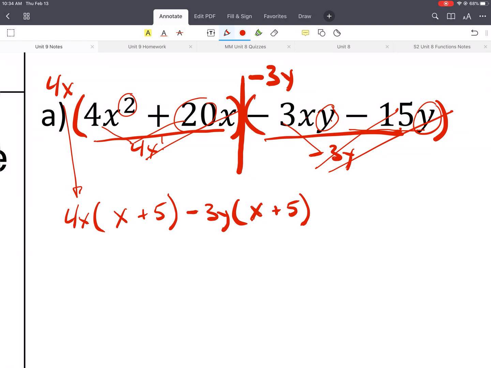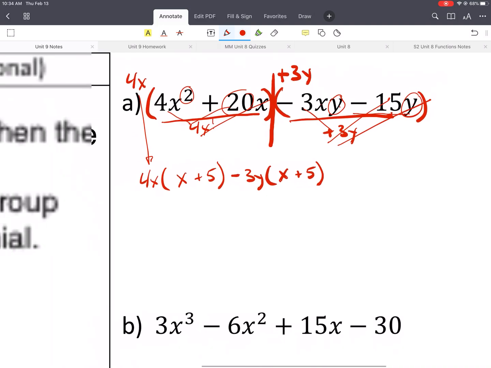So say you took out a positive, then this would be a positive and those would be negatives. And you'd say, well, those aren't the same. This one has x plus 5, this has negative x minus 5. I made a mistake somewhere. So always check that every time. They need to always be the same.